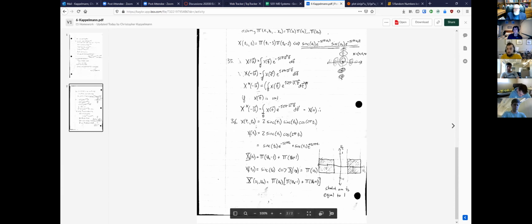But since x of t is real, it's equal to its conjugate. Then we also get a negative sign on the exponential. So we get this term right here, which we can recognize as the Fourier transform, which is equal to x of u. Okay. Very simple.